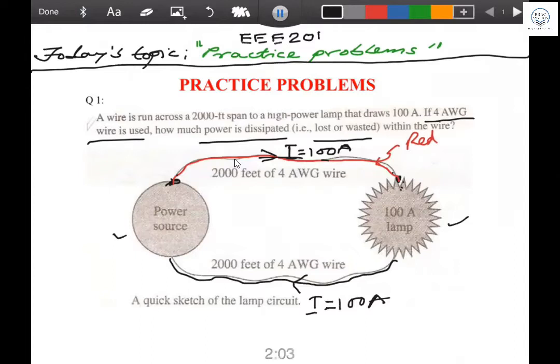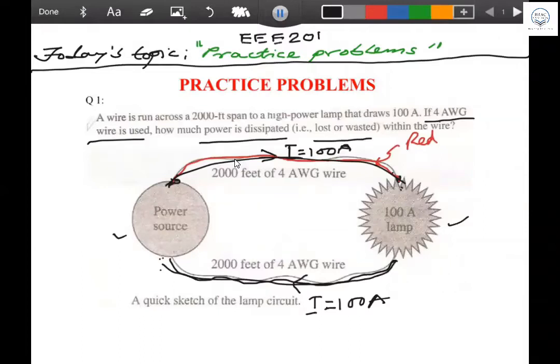So this is the way the current flows 2000 feet from the power source to the load, and from the load it is coming another 2000 feet back to the source.